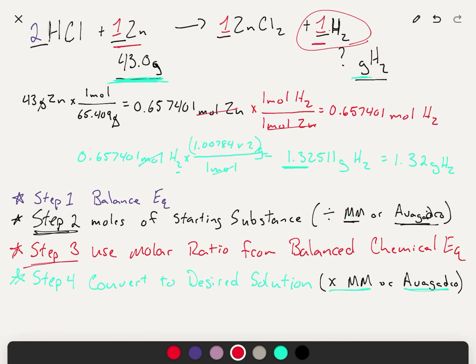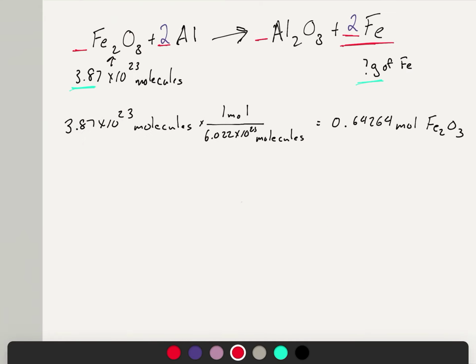After that, step 3 is to use our molar ratio from our balanced chemical equation to go to what we need.